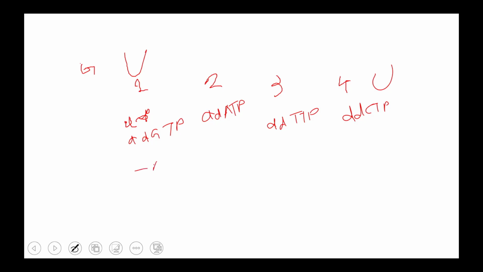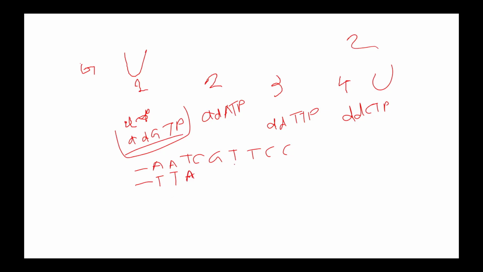So if this is the sequence, and you want to amplify it, in this particular tube your primer will anneal, and as all the dNTPs are present, but only this one is the dideoxy one, the DNA will synthesize, but wherever this one needs to be incorporated, it will go and incorporate.